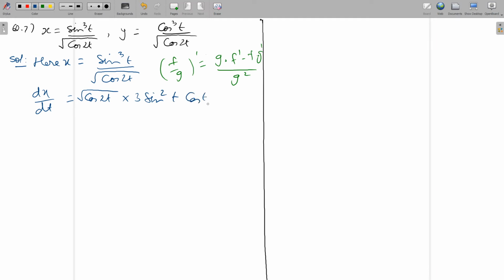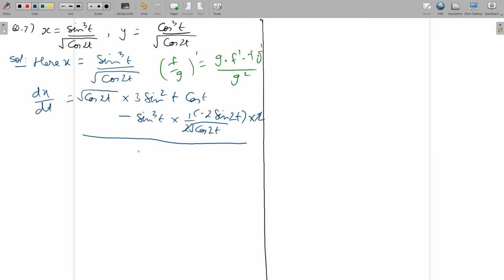and minus, now f into g dash, that is minus numerator into the differentiation of the denominator, so that is minus sine cube t into, we know the differentiation of root x is 1 by 2 root x, so 1 by 2 square root of cos 2t, then differentiation of cos 2t is minus 2 sine 2t, and differentiation of 2t is 2, so 2 and 2 will be cancelled out, and this whole will be divided by the square of g, and what is our g?